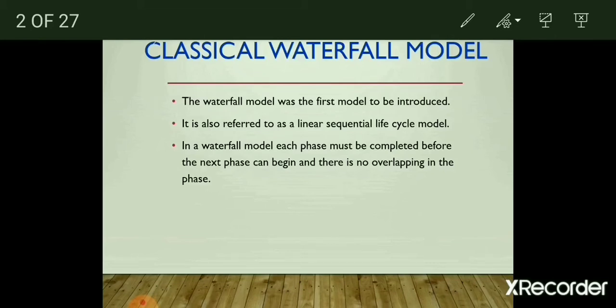Means in the waterfall model, first a phase is completed, then the next phase will start, and we cannot go back to the previous phase. And this is also the most important drawback of the waterfall model that I will discuss later on.